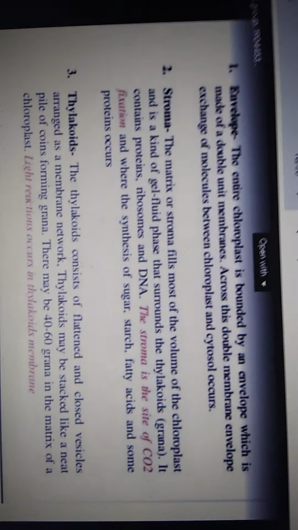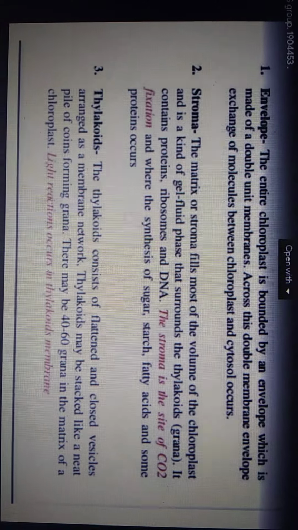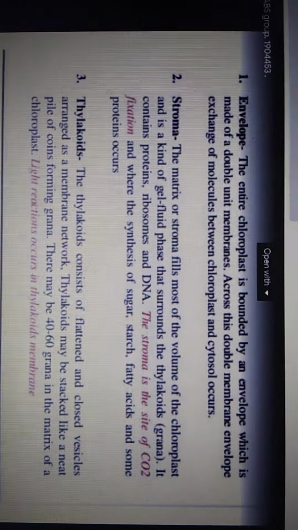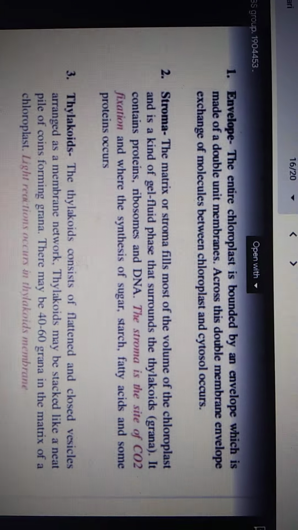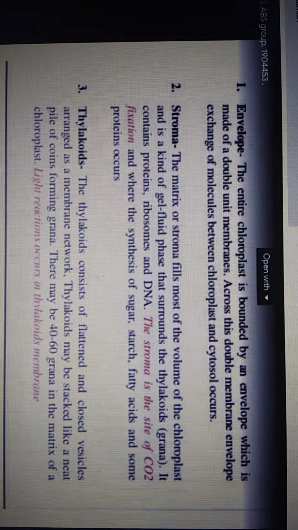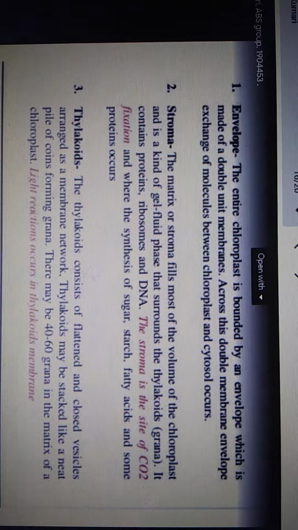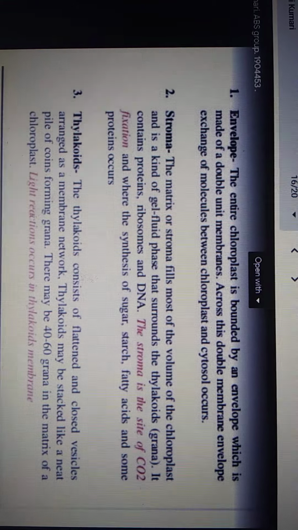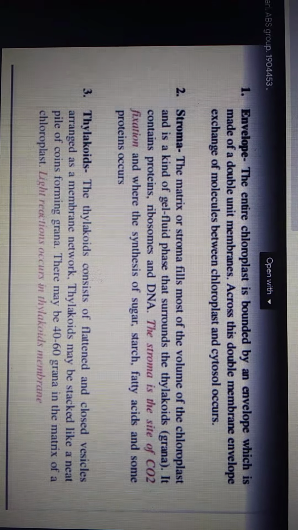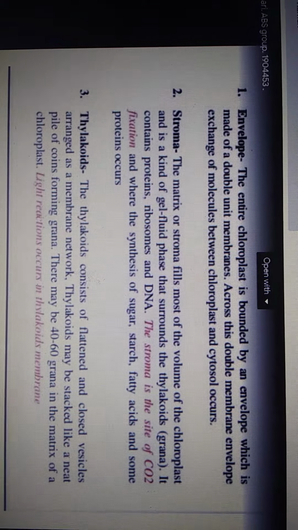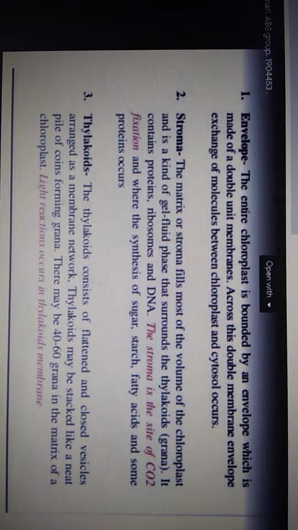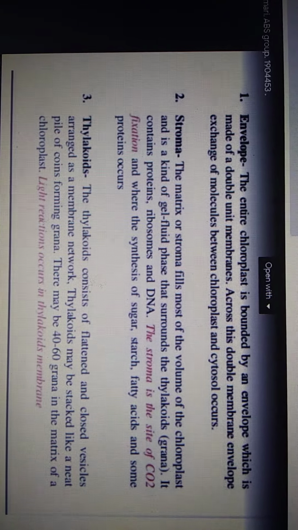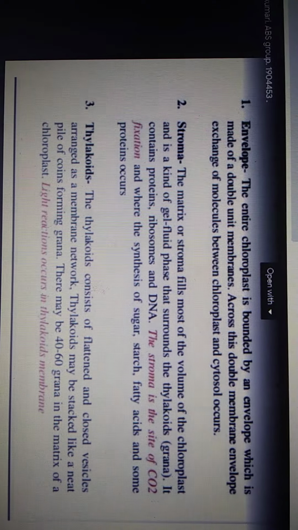The inner portion of the chloroplast, where the fluid or jelly-like material is, is called matrix. Not matrix, matrix is in mitochondria. Here it is called stroma. But matrix means fluid, so sometimes it can also be called matrix.